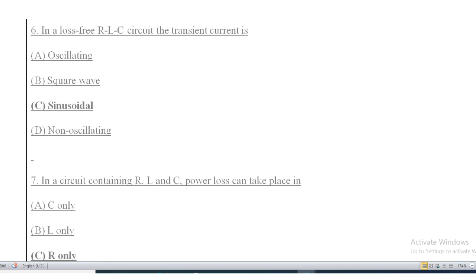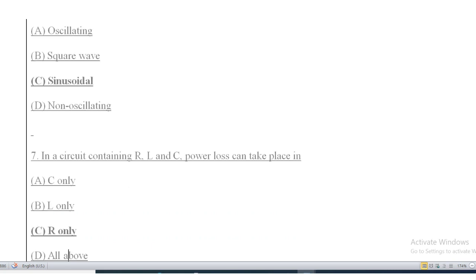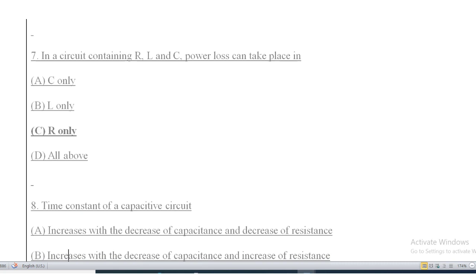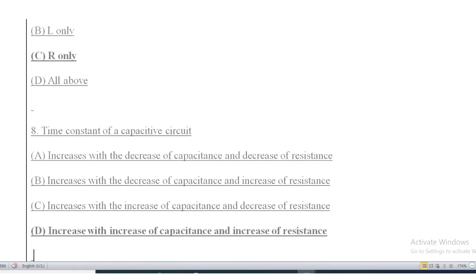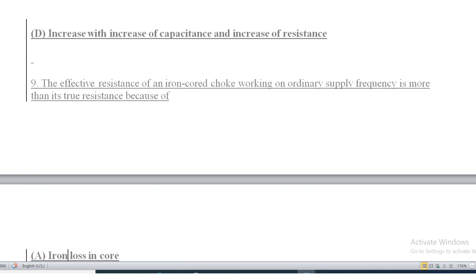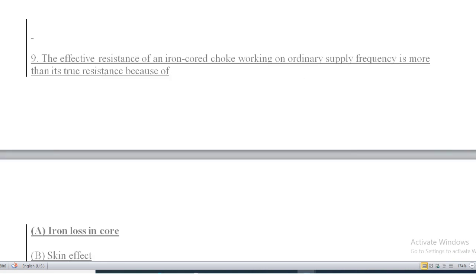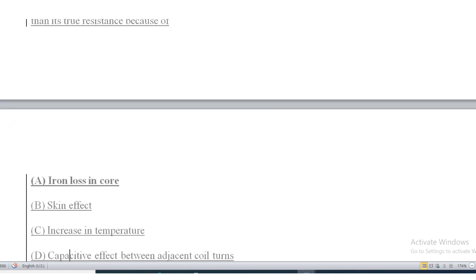And in a circuit containing R, L and C, power loss can take place in R only. Time constant of a capacitive circuit increases with increase in capacitance and increase of resistance. The effective resistance of an iron core choke working at ordinary supply frequency is more than its true resistance because of what? Iron loss in core.